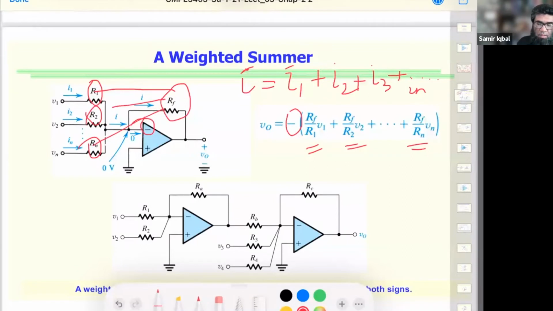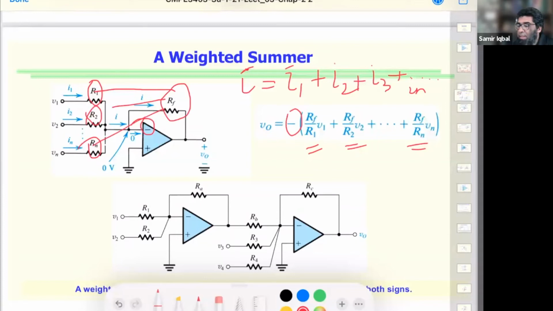All right, so this is an application where each summing coefficient can be independently adjusted from the others by just adjusting the feed-in resistor for each input, right?